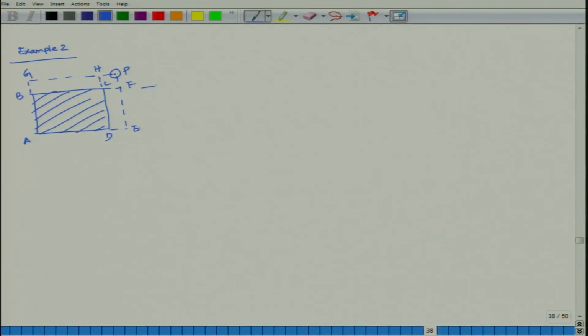Now, let us put these dimensions. This is your 0.5 meter, this is your 2 meter, and this is your 2.5 meter, and this is your 1.0 meter.